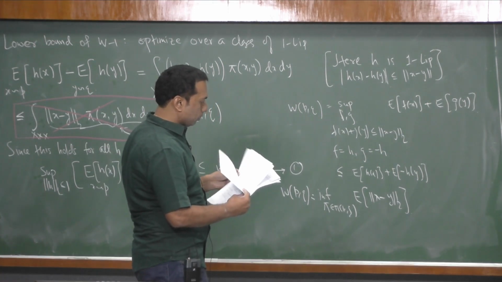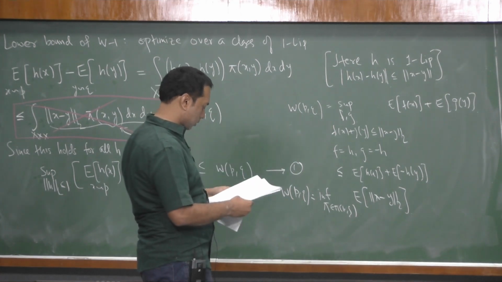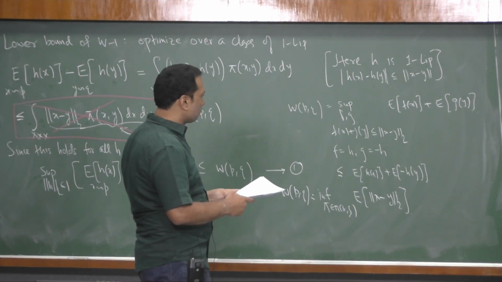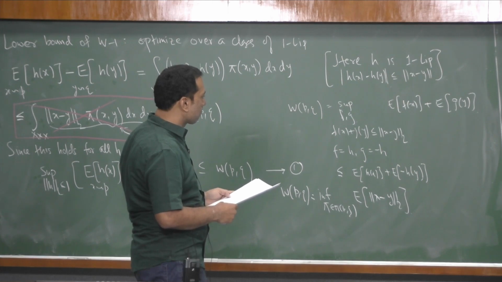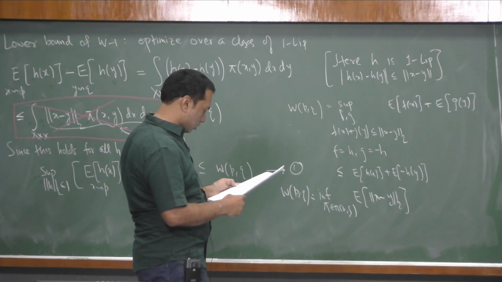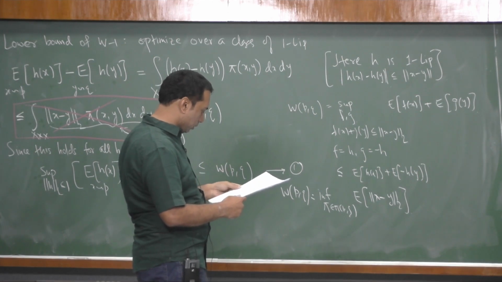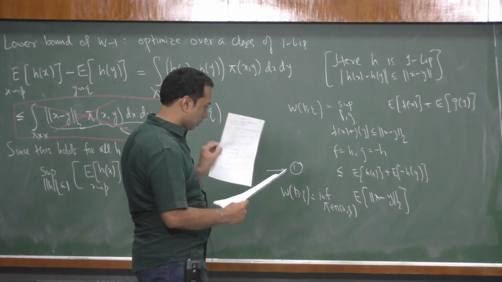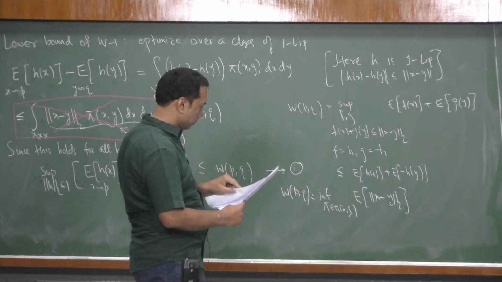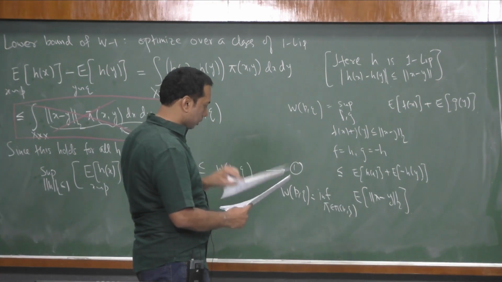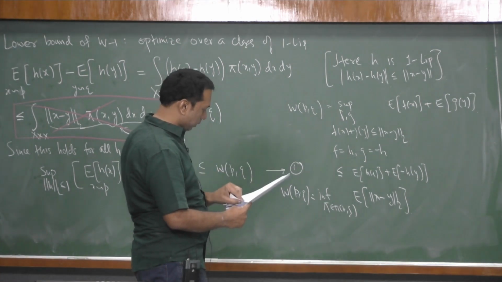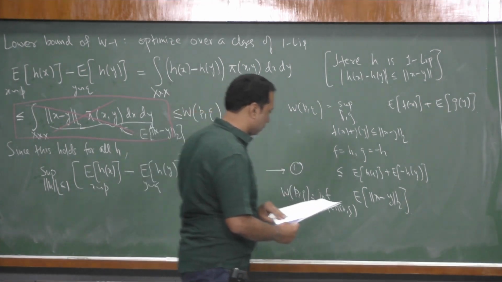For the upper bound, we use something called the infimal convolution. So let us try to do the upper bound. I will take like 10 minutes or something, looking at the material.